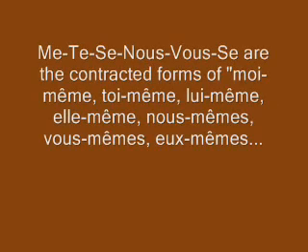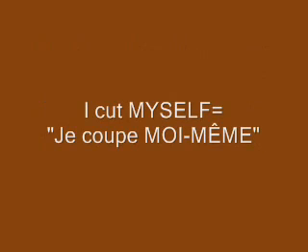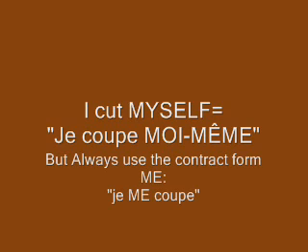Me, te, se, nous, vous, se. And we also know that those reflexive pronouns are the contracted forms for moi-même, toi-même, lui-même, elle-même, nous-mêmes, vous-même, eux-mêmes, elles-mêmes. And when you say I cut myself, you actually mean je coupe moi-même. Okay, but in a more refined French, you will say je me coupe.